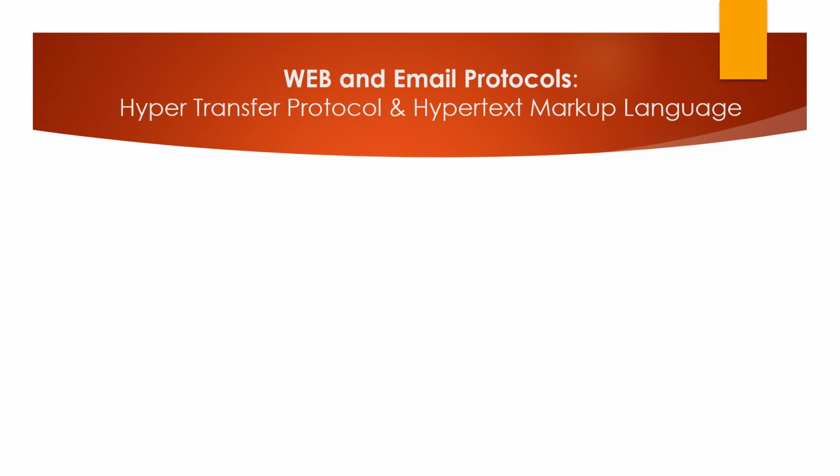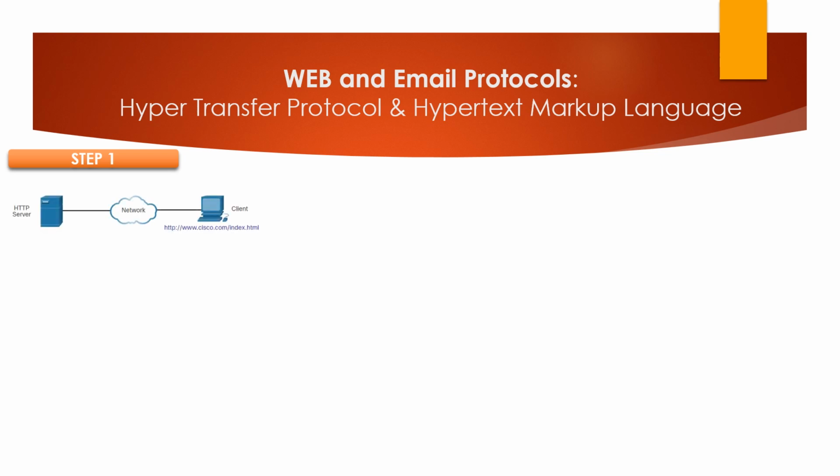To better understand how the web browser and web service interact, let's examine how a web page is opened in a browser. For this, we will use an example, and it will go in 4 steps. At the first step, the browser interprets the 3 parts of the Uniform Resource Locator.